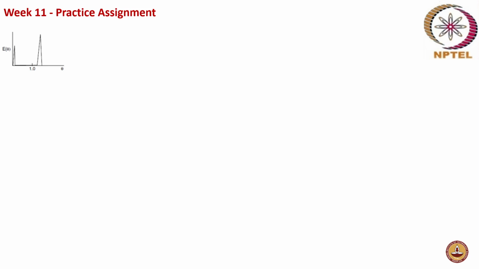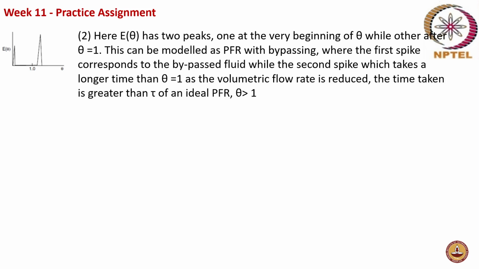So what can this type of curve be correlated to? Here E theta has two peaks, one at the very beginning and the other after theta equal to 1. That means something of a PFR can be correlated with it. So this can be modeled as a PFR with bypassing.